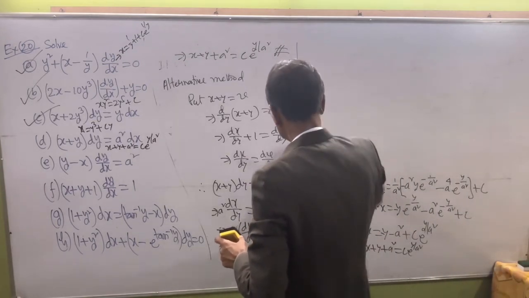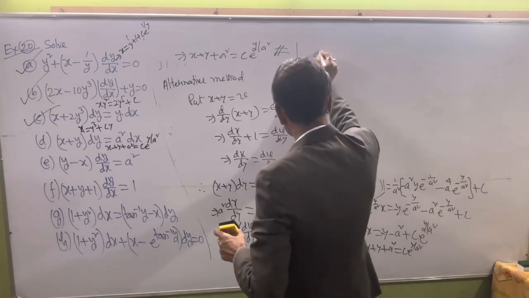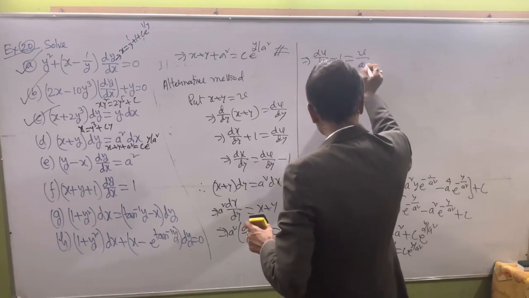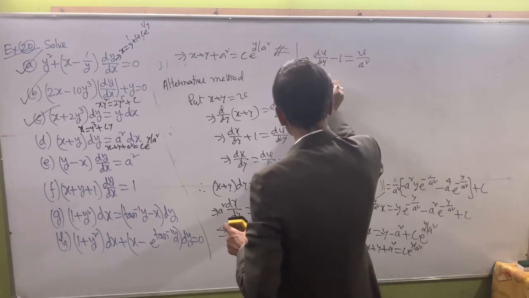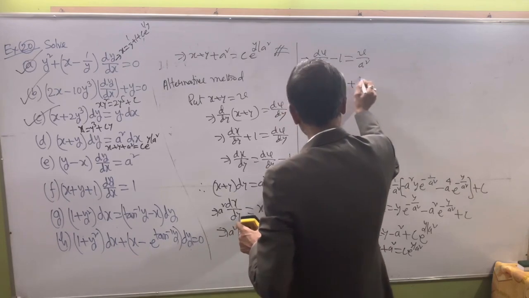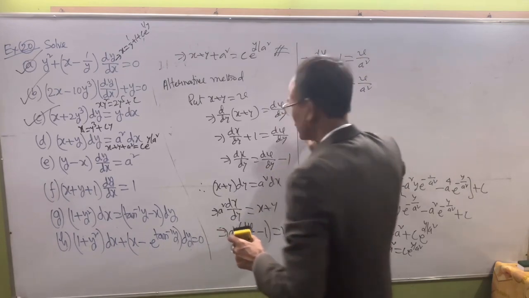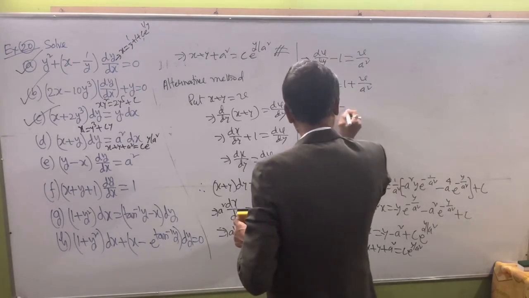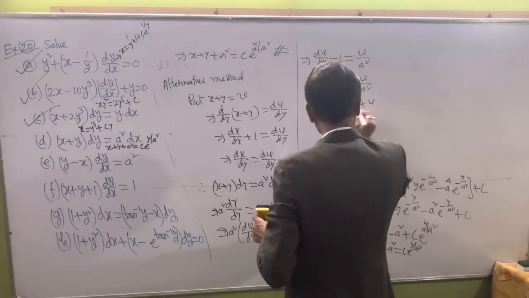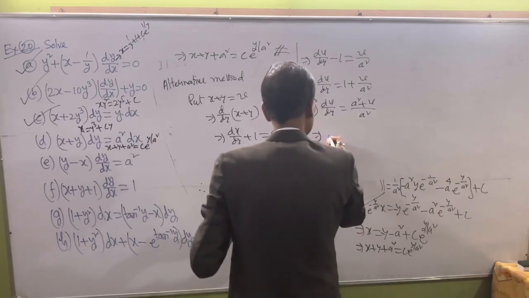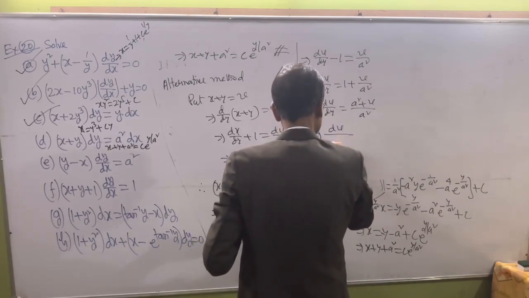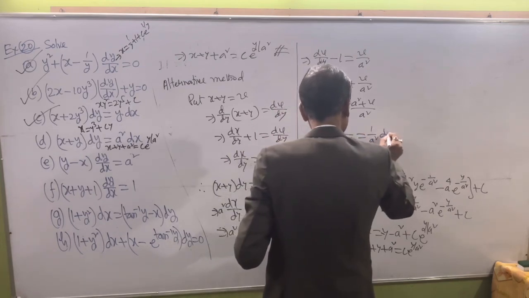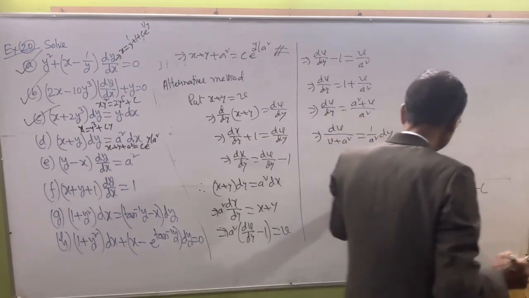This means dv by dy minus 1 equal to v by a square. This means dv by dy equal to 1 plus v by a square. This means dv by dy equal to a square plus v by a square. Now separate the variables. dv by v plus a square equal to 1 by a square dy.